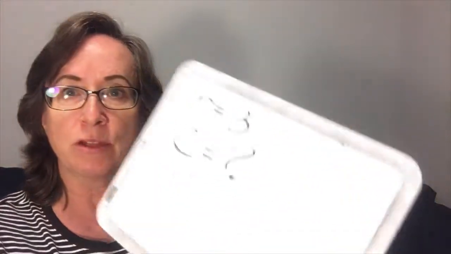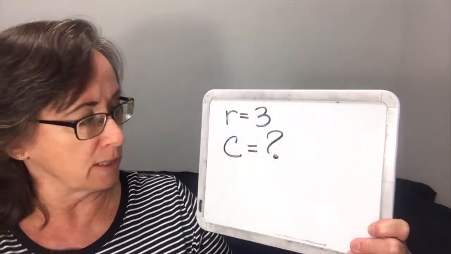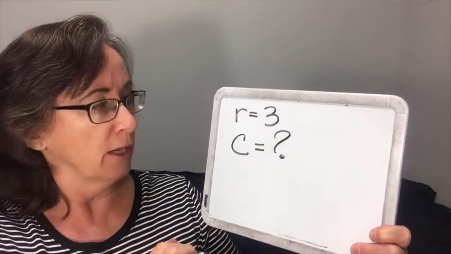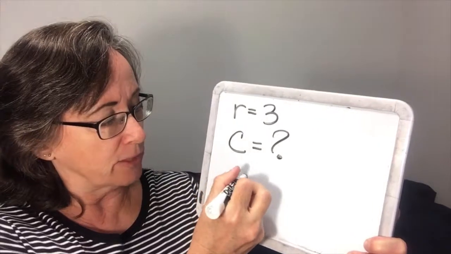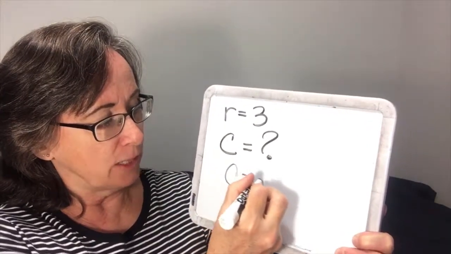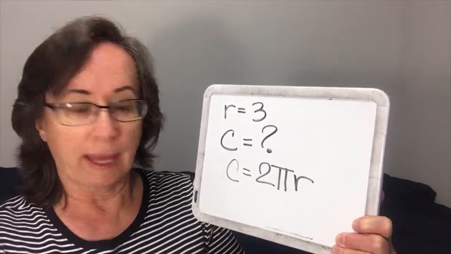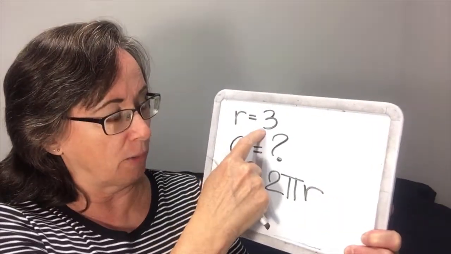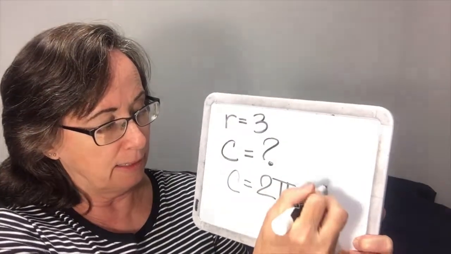So let's work a problem. We have the radius is 3. What is the circumference? Since we have the radius, let's use the radius formula. The circumference is 2 pi r. So we're going to put the r, which is 3, in place of the r.